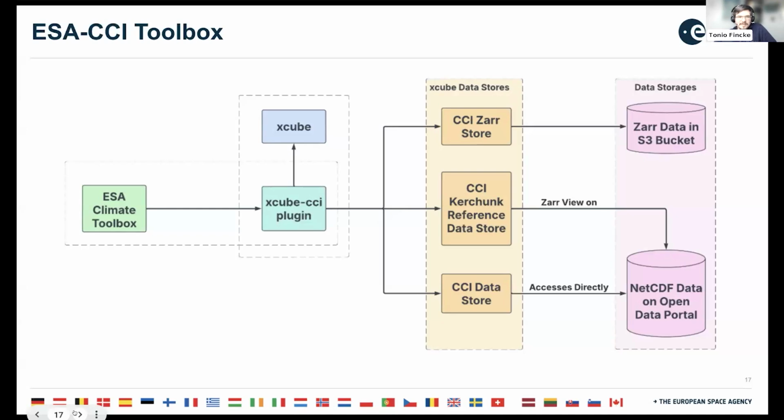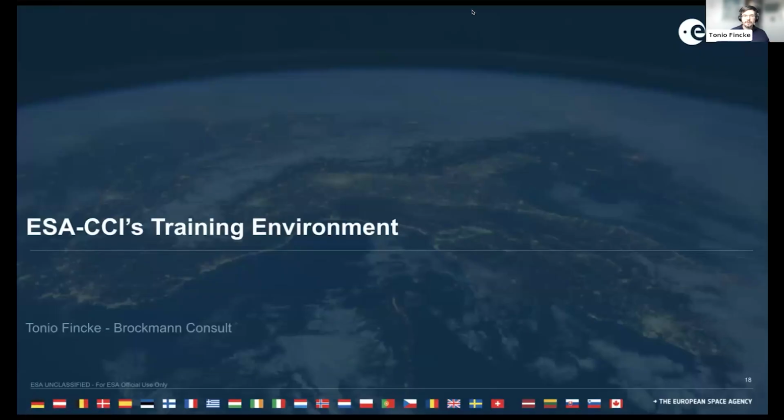It is just the fastest way to access data. So again, the takeaway message: in case you can use the Zarr store, use it, then Kerchunk would be the second option, and then the CCI store. And I think that sets you up already to go to the training environment now.